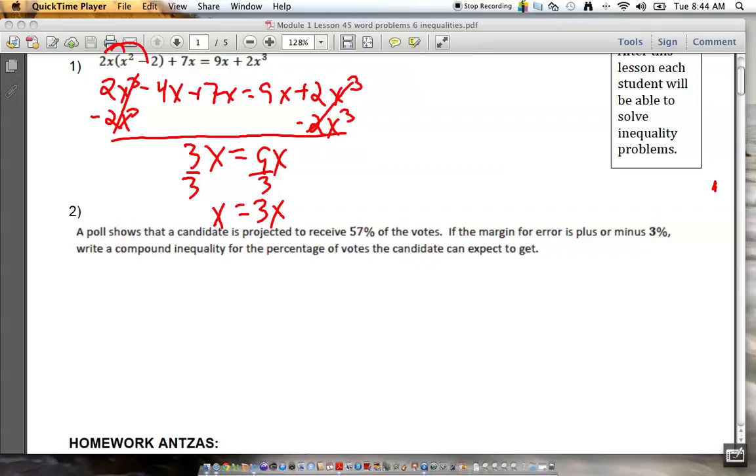Now, let's go back and check. 0 times anything is 0, plus 0 equals 0 plus 0. So the answer would be 0, okay? It's a very strange equation, but every now and then we do get strange equations and we can't panic in the face of weirdness, okay?